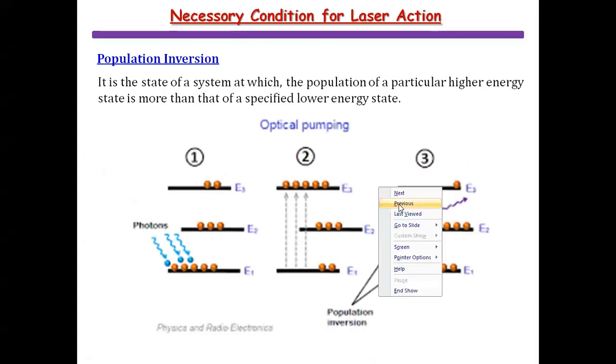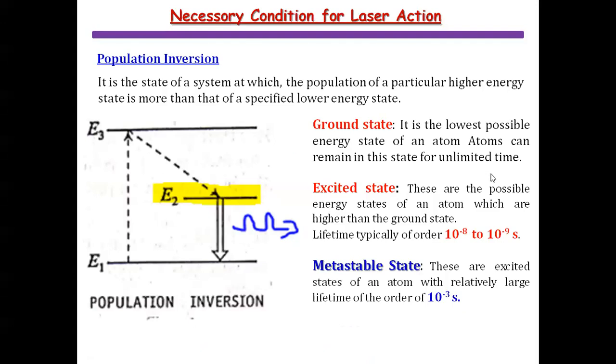That means atoms will naturally stay in the ground state on their own. If you don't supply any external energy, the atom will not go to the excited level. Therefore, for a long time, the atom will be in the ground state. That is known as the unlimited lifetime of the ground state.